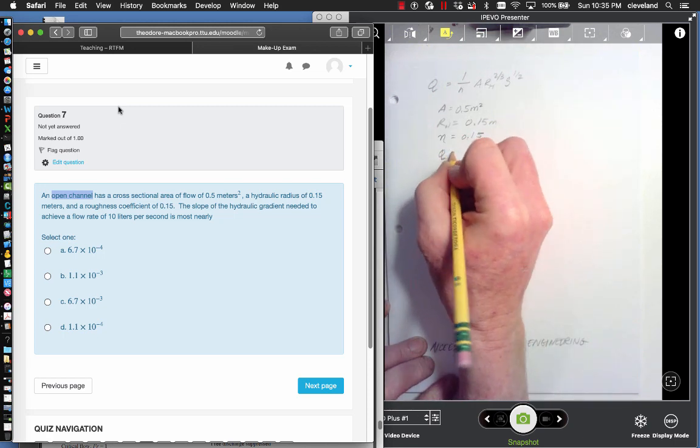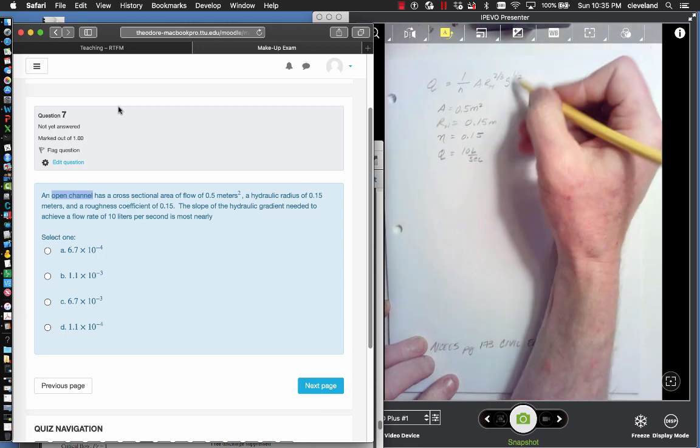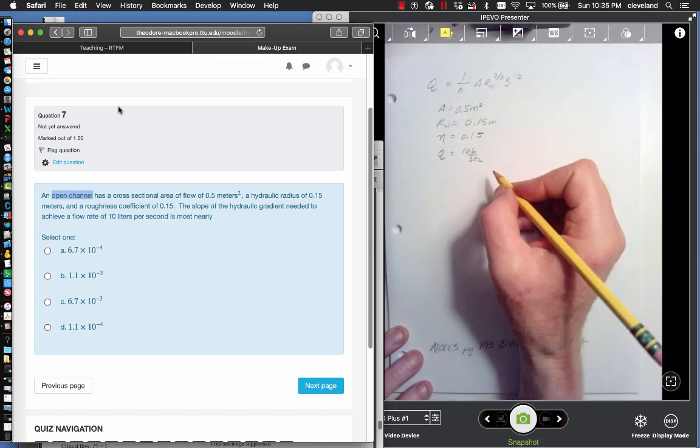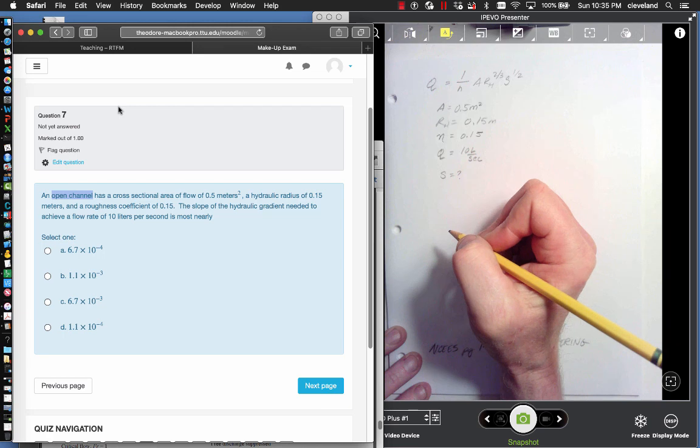Q is given, 10 liters per second. This equation up here is going to assume everything is in cubic meters per second, so we'll have to make some adjustments for that. And S is equal to the unknown value.